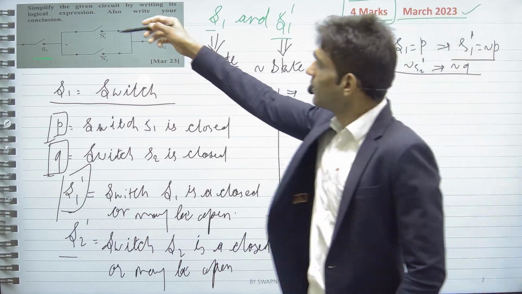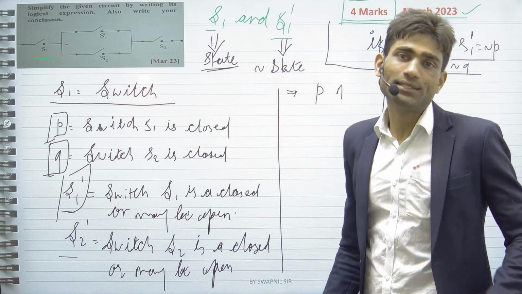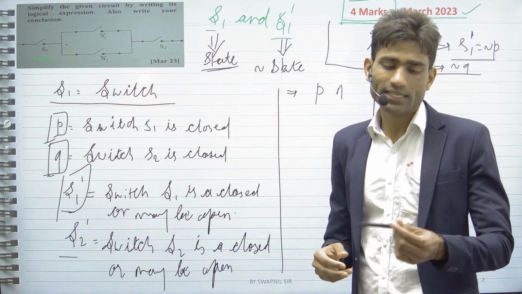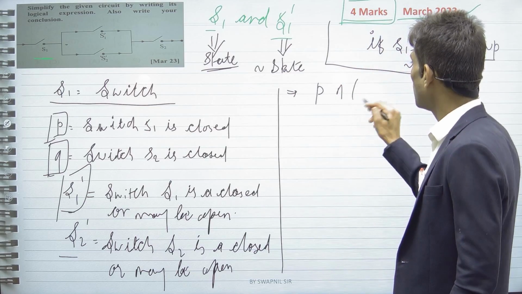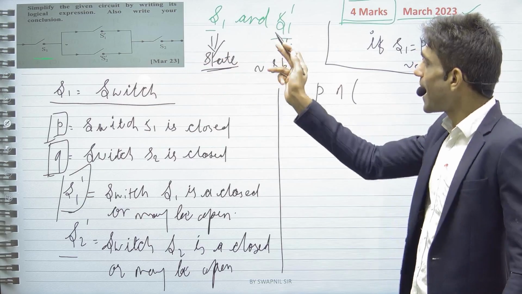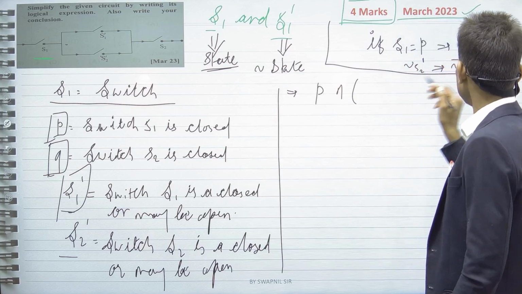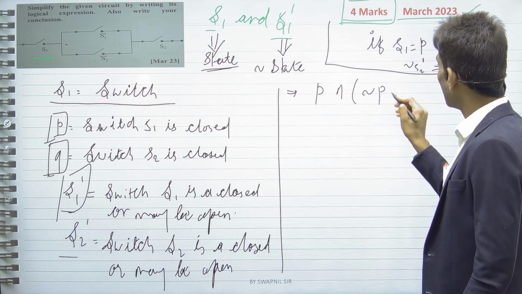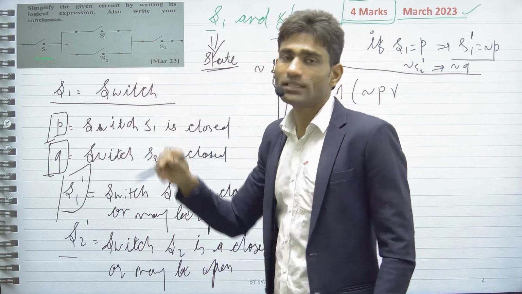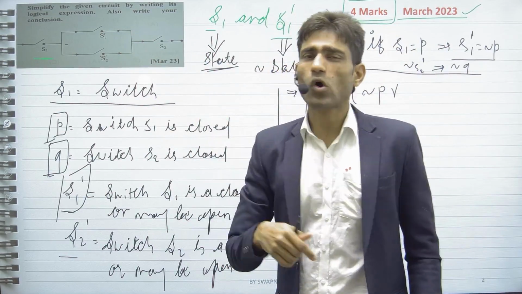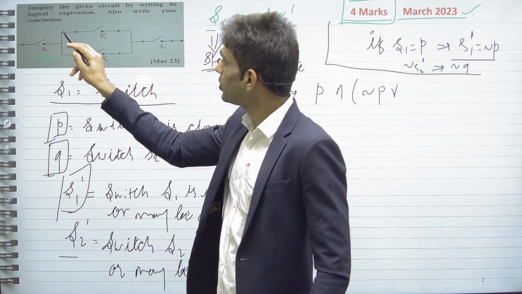Now S1 dash and S2 dash are a parallel connection, and whenever in our logic gates we have a parallel connection, we take OR between them. So we have P and, S1 dash or S2 dash. S1 dash is negation of P, and OR because both connections are in parallel form. Why are we taking OR here? Because when current starts flowing from this point, it can go up.